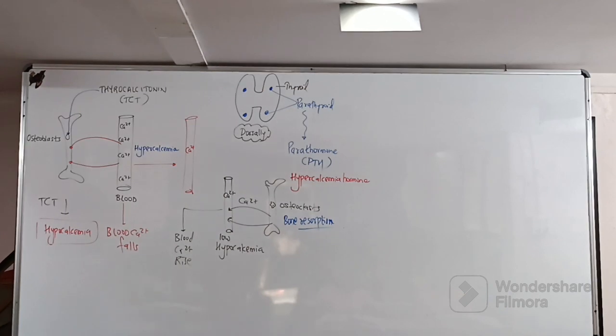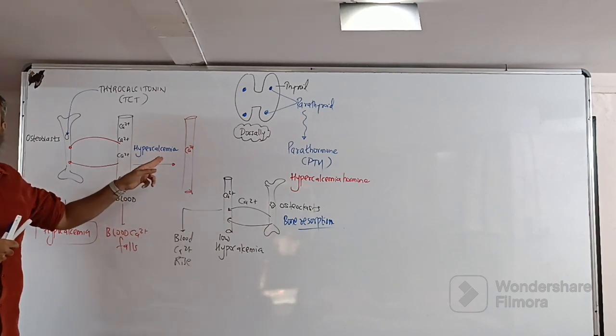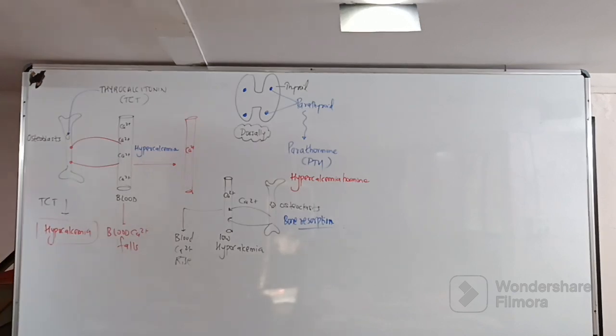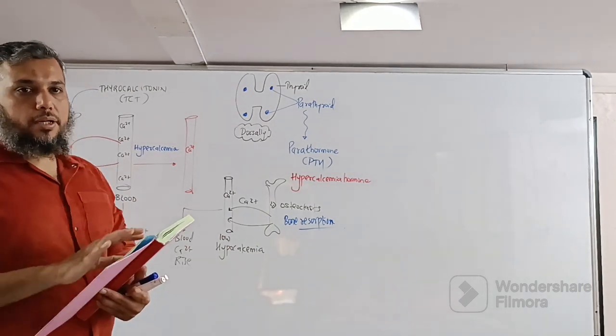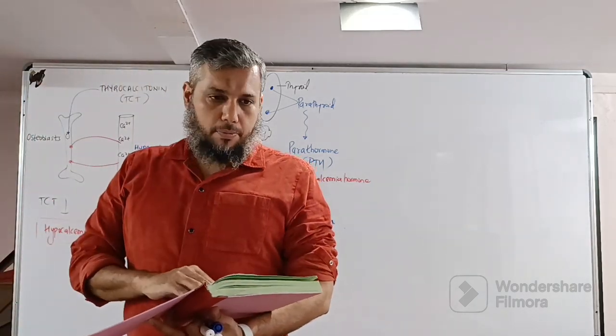It will cause the migration of calcium from the bones into the blood, and here it was causing the migration of calcium from the blood to the bones. As always, the functions of both are exactly opposite. One of them is hypercalcemic, the other is hypocalcemic, and both of them together will regulate the calcium levels in your body.